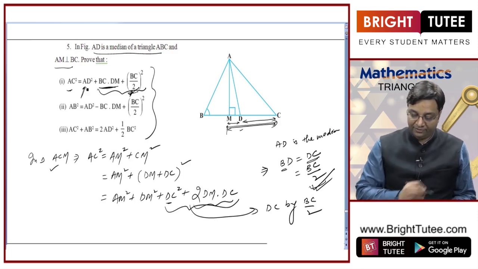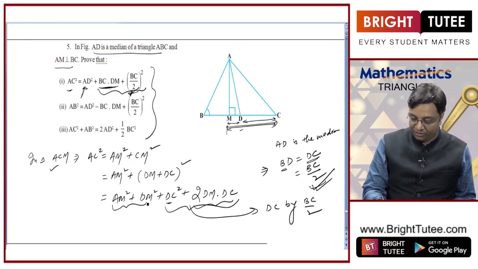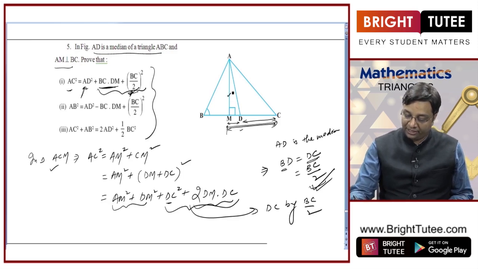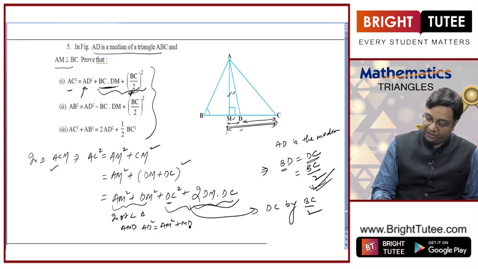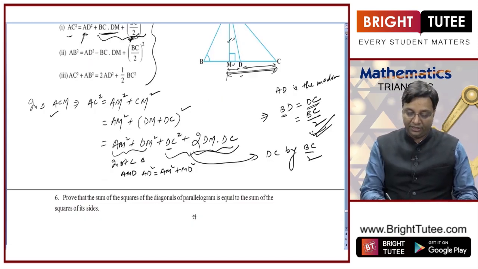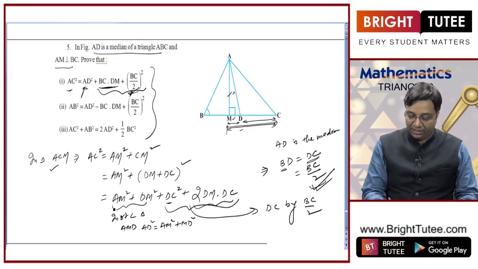Now AD square, can I create AD square using these two? AM square plus DM square is equal to AD square. Yes, because in right angle triangle AMD, AD square is equal to AM square plus MD square. So this is what I am going to do here. I will replace AM square plus DM square by AD square.